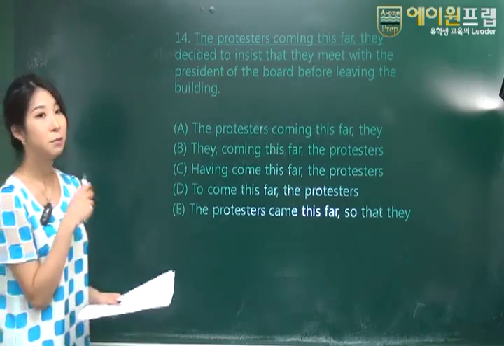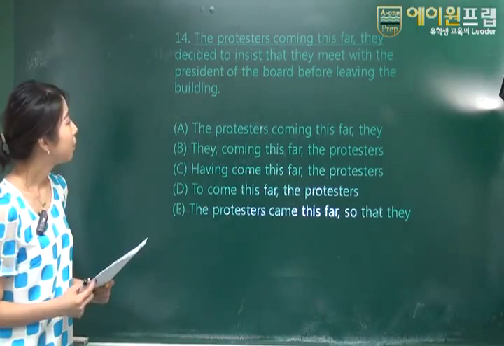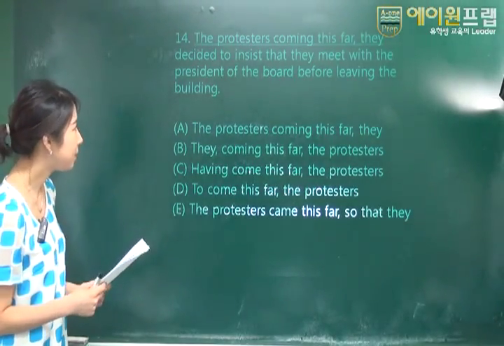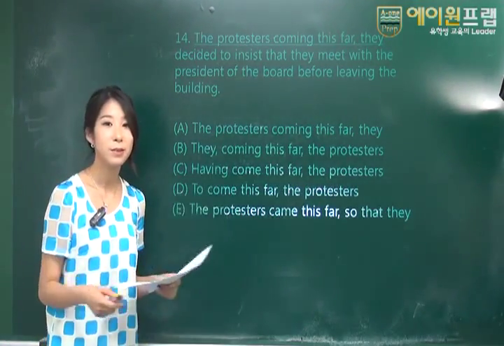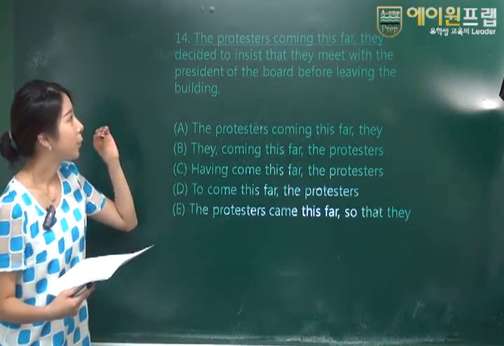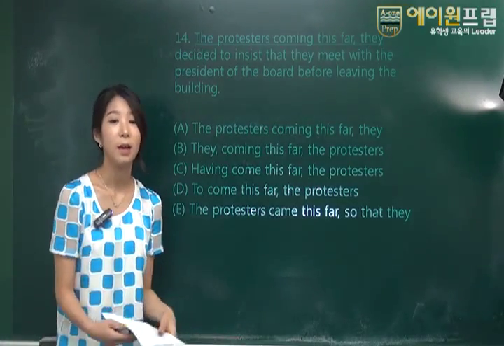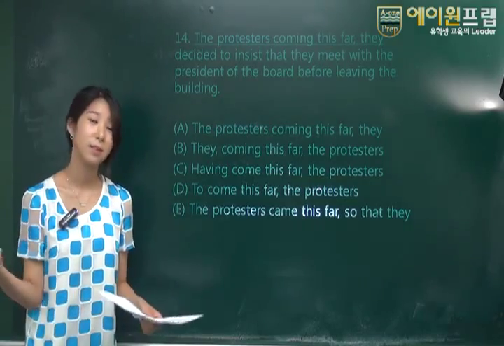And last but not least, today's last question. Number 14, the protesters coming this far, they decided to insist that they meet with the president of the board before leaving the building. Okay, since this sentence is kind of complicated, let's go over the context. So there are the protesters, and they came from far away to this building, right, to protest.